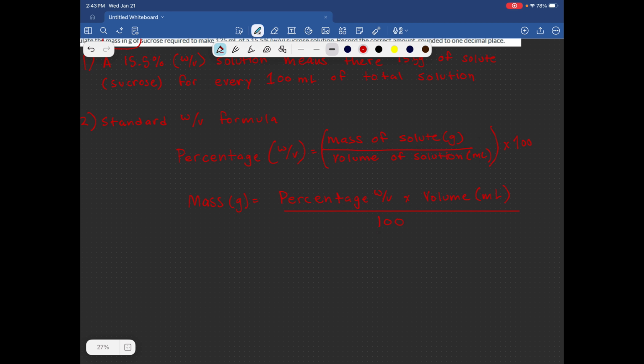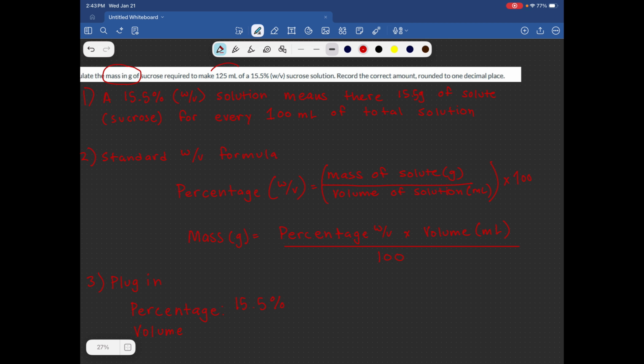So now we'll just plug in what we know. And what we know is our percentage is 15.5. Our volume is 125.